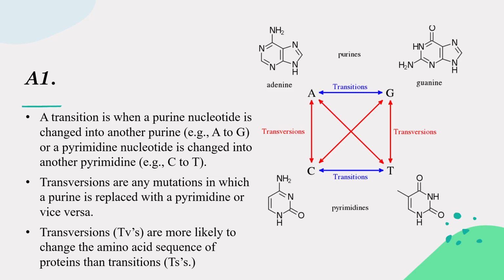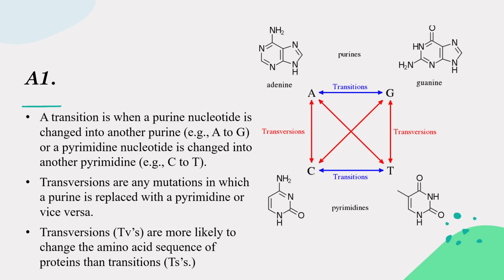So transition and transversion, basically it is a change of a single base or nucleotide. That's why it's called a point mutation. Okay, so transition is when a purine nucleotide is changed to another purine, or a pyrimidine nucleotide is changed into another pyrimidine. What are purines?